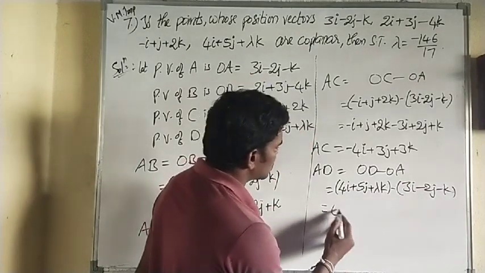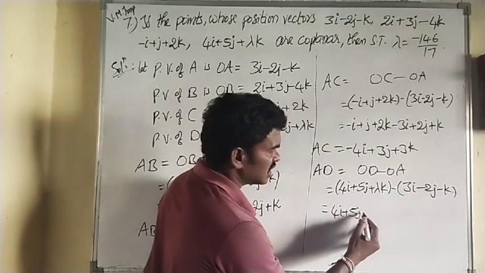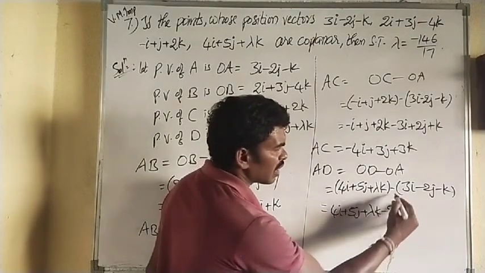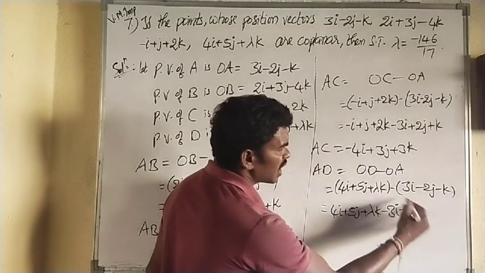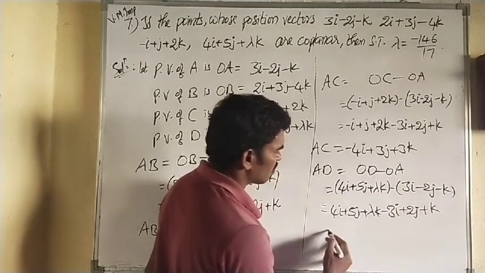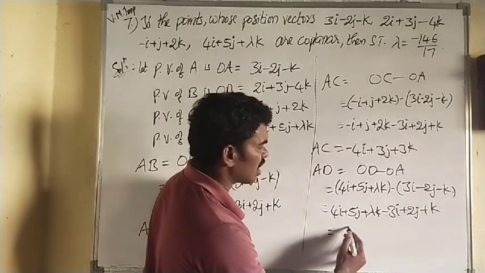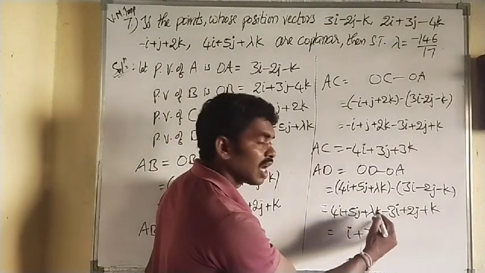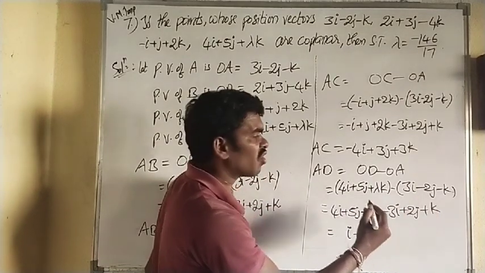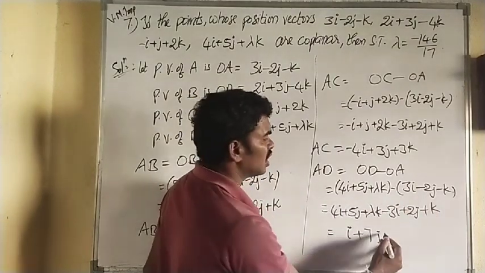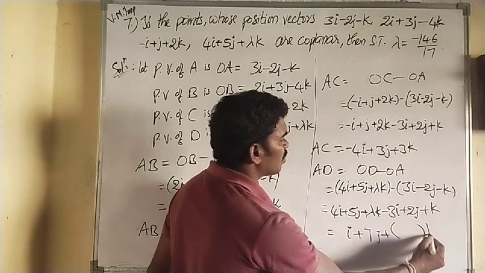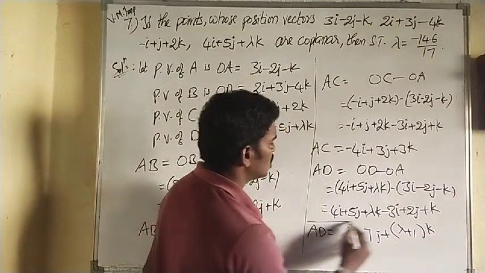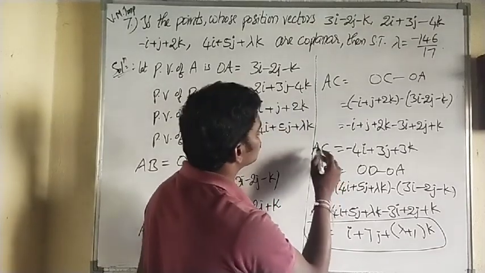Simplify this: 4i plus 5j plus lambda k, minus 3i, plus 2j, plus k. Finally 4i minus 3i is i, 5j plus 2j is 7j. Lambda k plus k, we can't add a variable and a number, so take k common, we get lambda plus 1. So this is AD, and we got 3 terms.